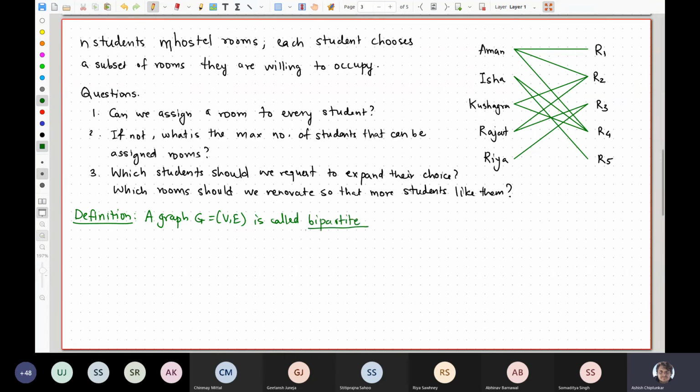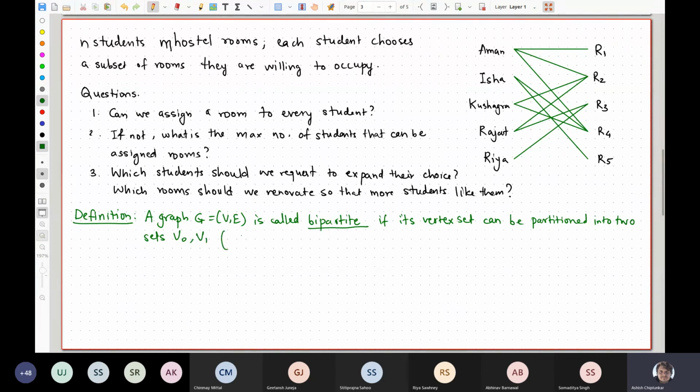So bi refers to two, partite refers to parts, but what does that exactly mean? If its vertex set can be partitioned into two sets V0, V1.